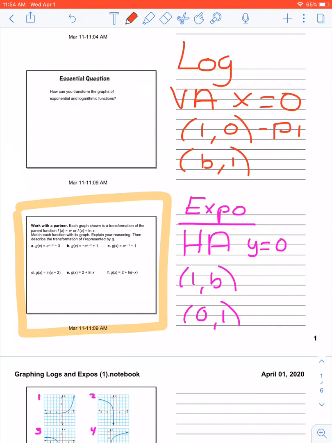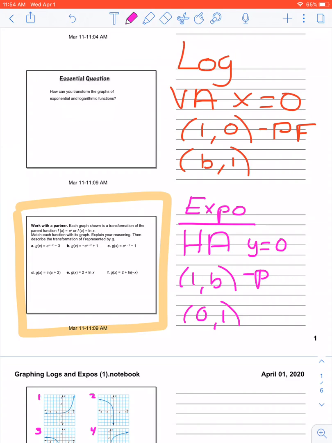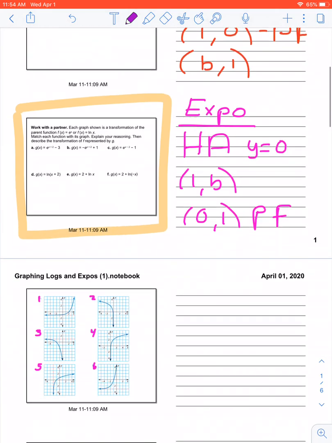Those can change depending on what the equation is trying to do. So let's go back and look at our graphs and see if we can use this information we've investigated to solve these.